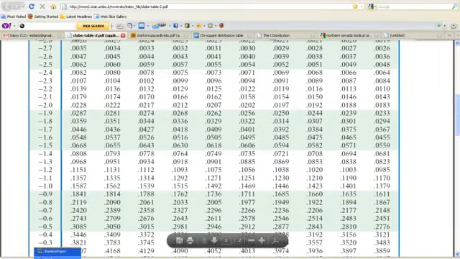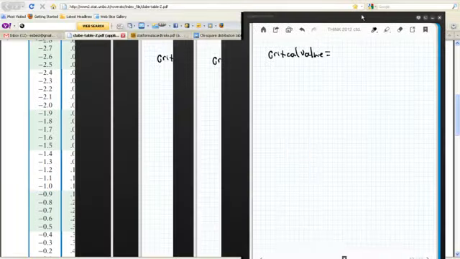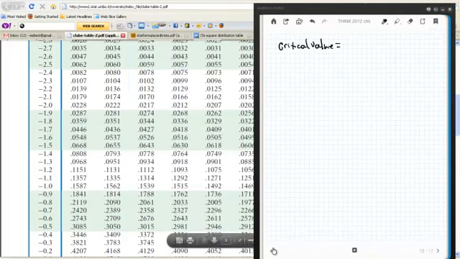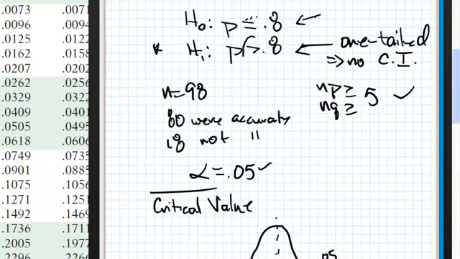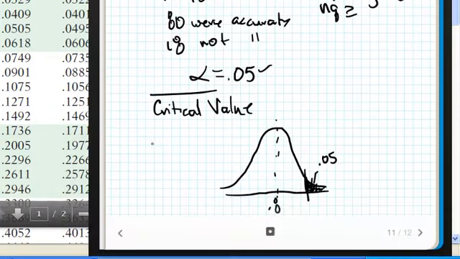Let me bring that back up. A lot of times students will say, well, Ripley, how do I know which side the tail is on? Well, notice this guy right here always points in the direction of the tail. It's a greater than 0.8, but the inequality points in the direction of the tail. So if it were a less than, the tail would be on the left. All right? So there's lots of ways to do this.